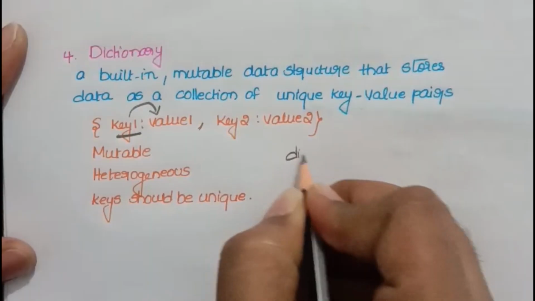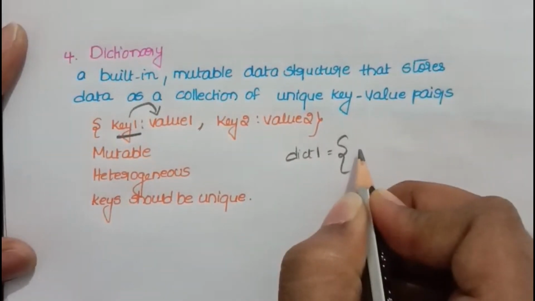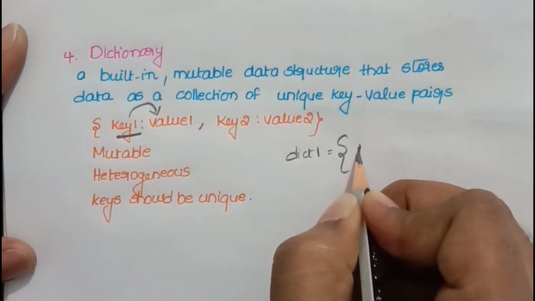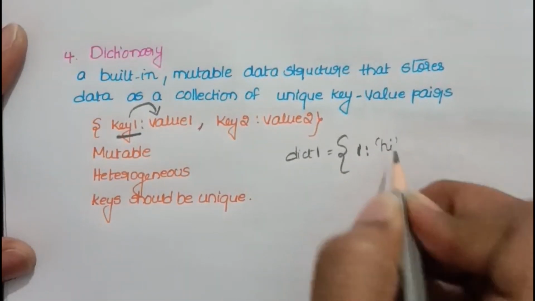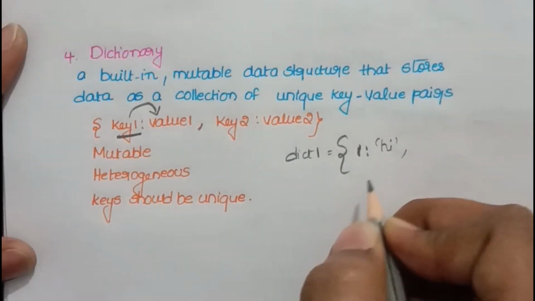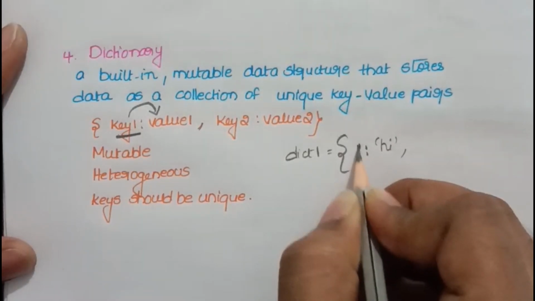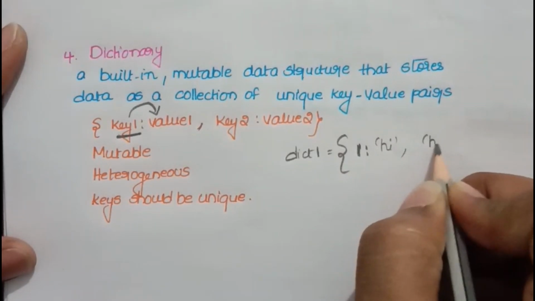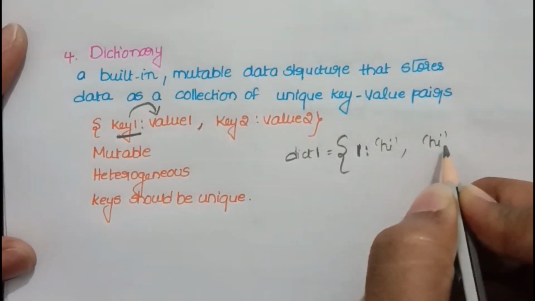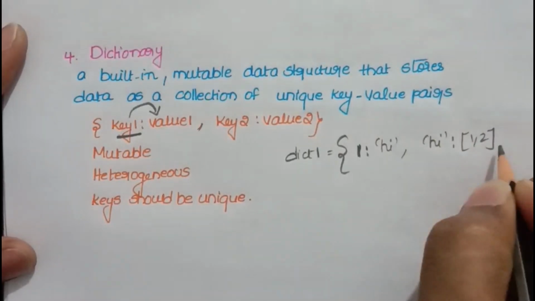Let's declare a simple dictionary. dict1 equals, first we have to give a key. For that key, we have to assign a specific value. You can assign any type of value and you can use any data type as the key. You can even use a string as the key, and you can assign a list as the value.